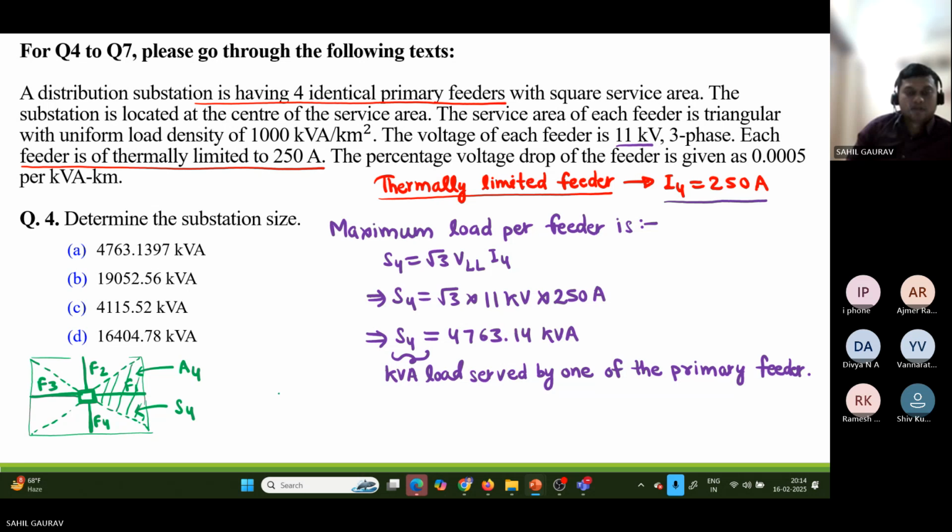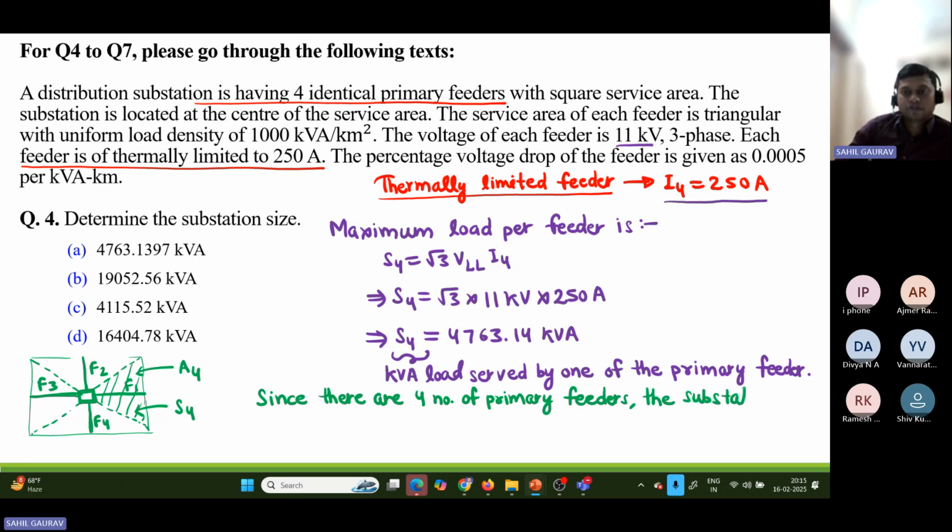Since there are 4 primary feeders, the substation size is 4 times S4. We multiply by 4 because we have to take all 4 feeders into consideration.